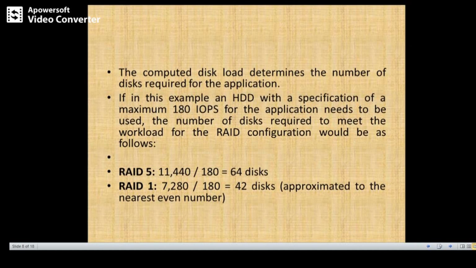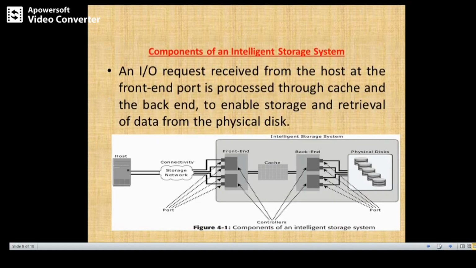For RAID 5, the IOPS calculated was around 11,440 divided by the maximum IOPS, 180, so you will get 64 disks. Similarly for RAID 1, the IOPS computed was around 7280 divided by 180, so we get 42 disks.